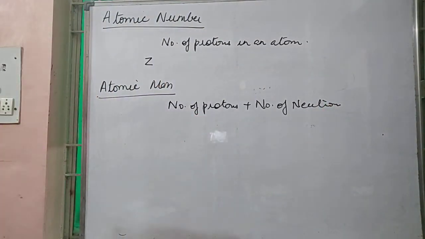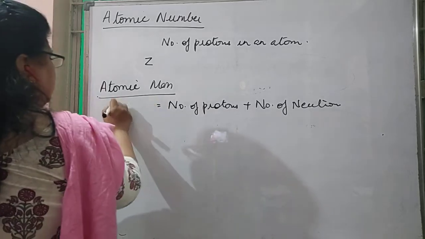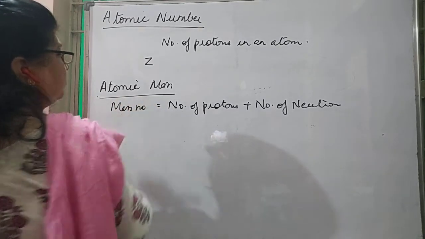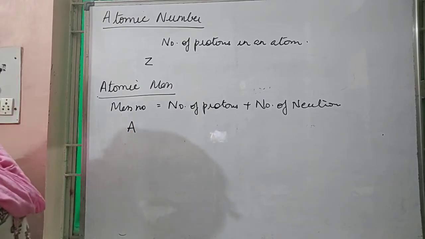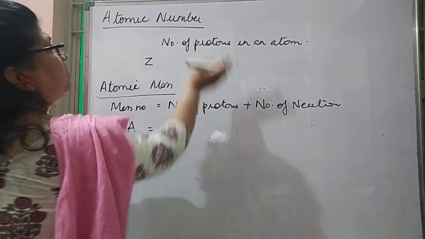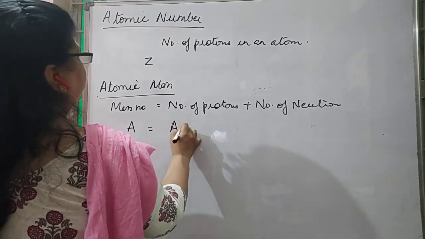That is, the number of protons plus the number of neutrons gives you the mass number. Mass number is denoted by A.